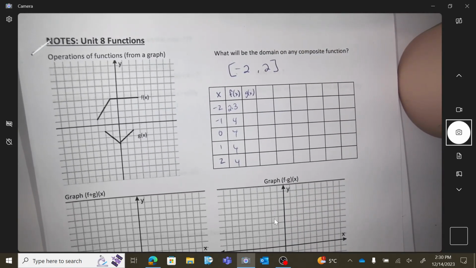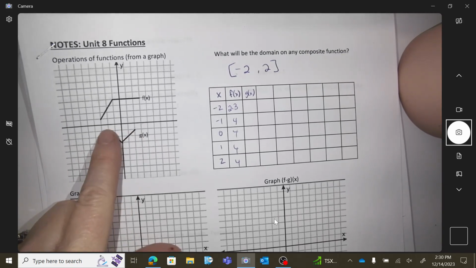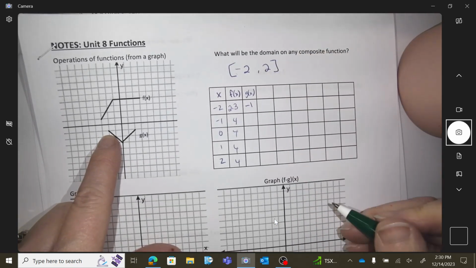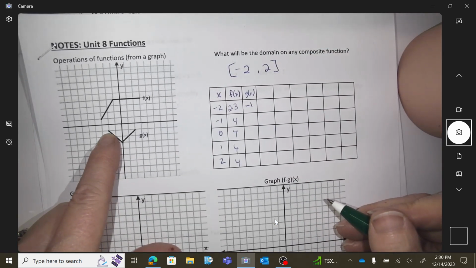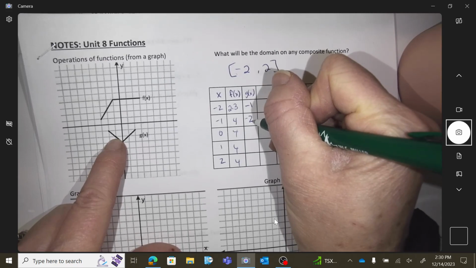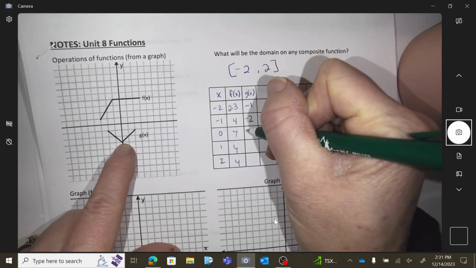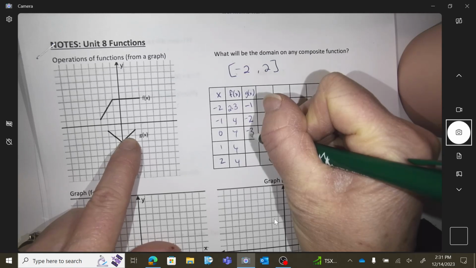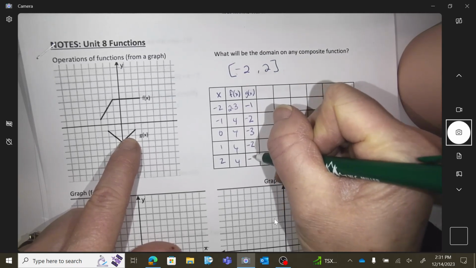Okay, the g of x, so when I'm at -2, its height is -1. Then at -1, the height is now -2, then -3, then it's -2, then it's -1.